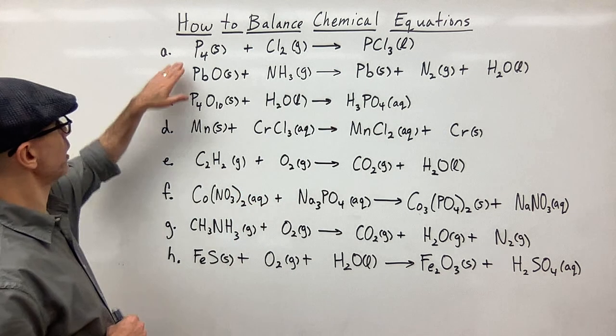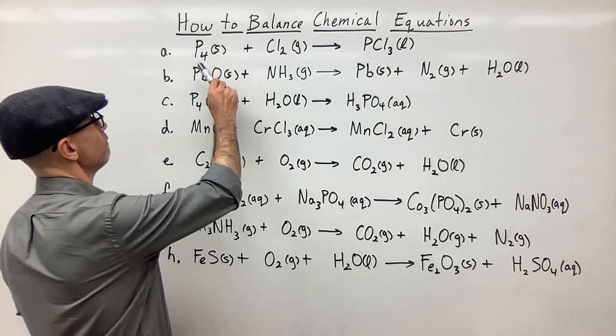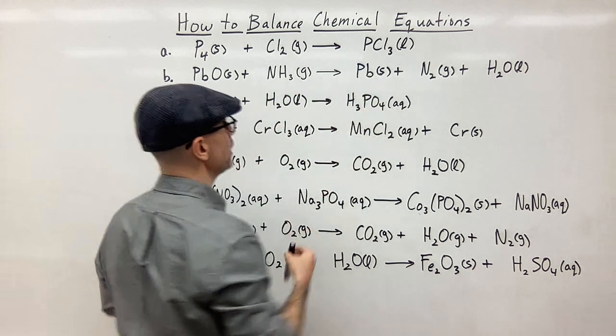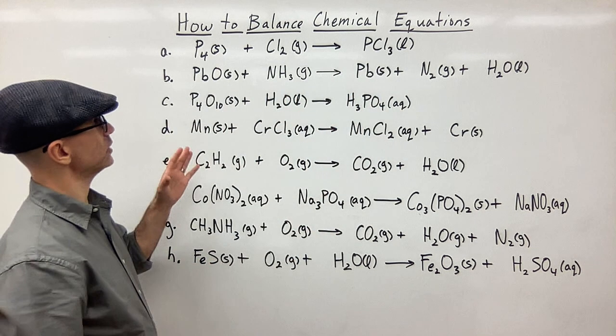So in part A, you'll notice I have phosphorus reacting with chlorine to give me PCl3. And so I'm going to balance the phosphorus.